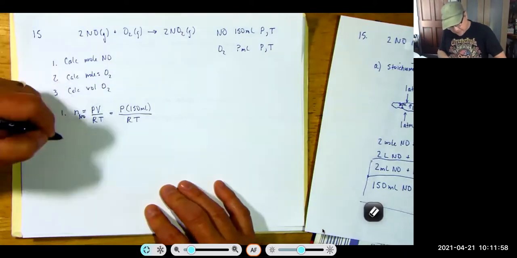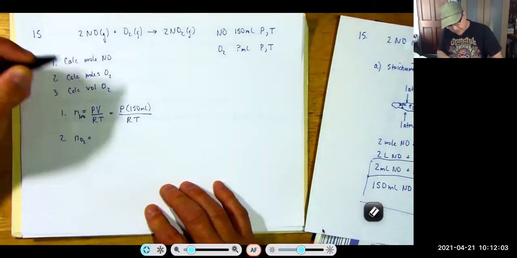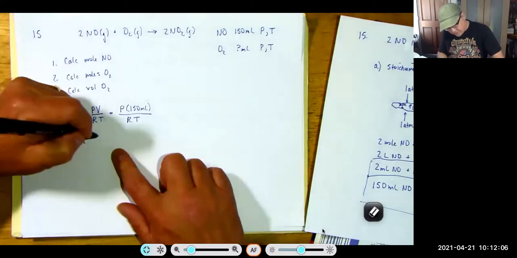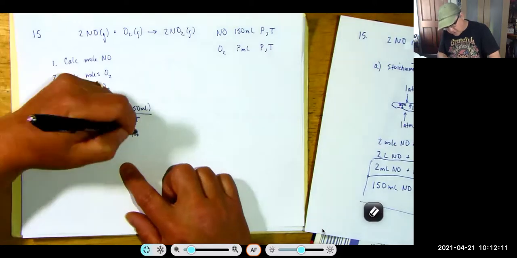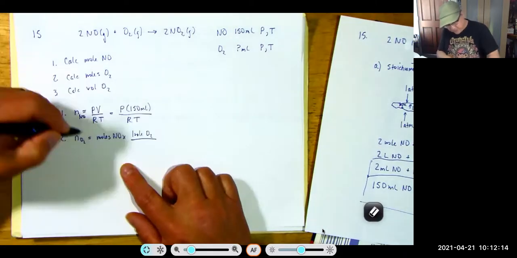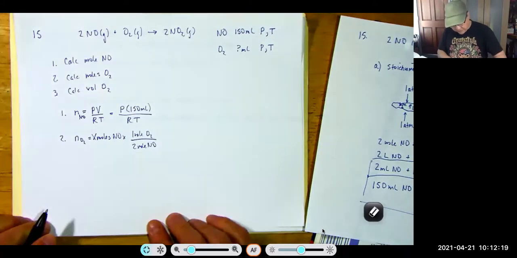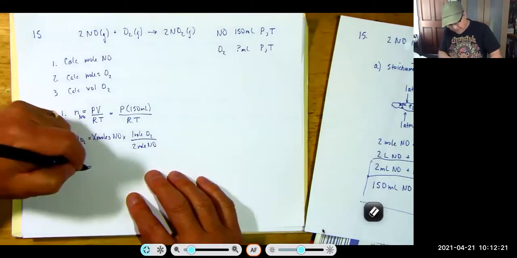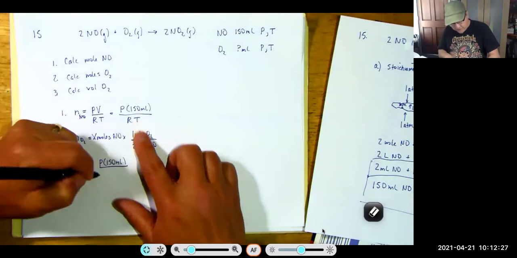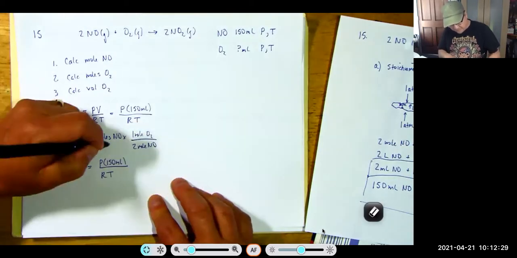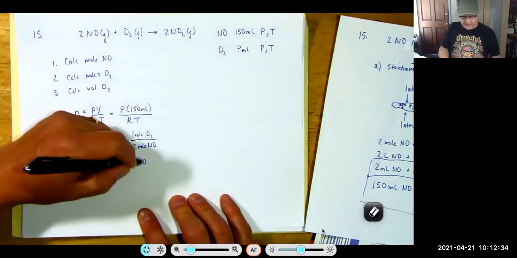Now, the moles of O2 are going to equal the moles of NO times 1 mole of O2 to 2 moles of NO, right? So let's plug in the numbers. We actually have P times 150 milliliters over RT as the moles of NO. We just calculated that, right?